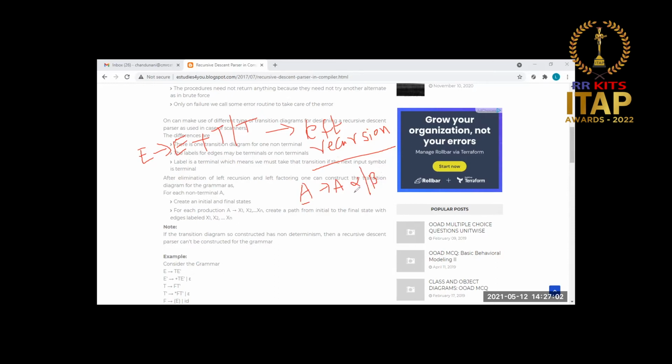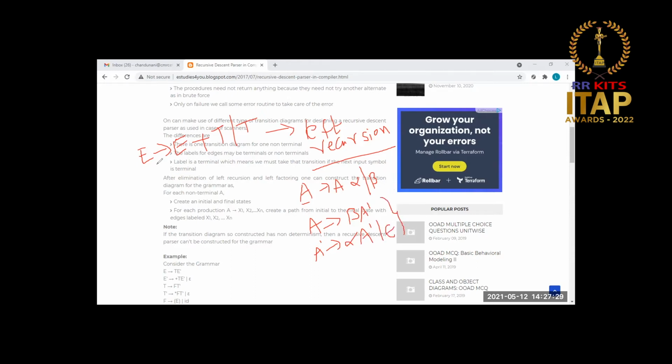After the elimination of left recursion, we get the formula A tends to beta A dash, and A dash tends to alpha A dash or epsilon. So this is the formula after the left recursion.